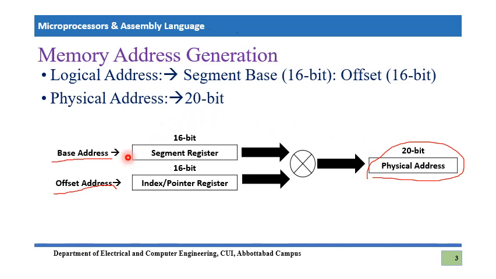So logically, in the microprocessor, two registers are involved in addressing: the segment register and the index or pointer register. Both of these 16-bit values are combined in a summer, and the summer's output is the 20-bit physical address. We are going to learn how this summer works in the next slide.